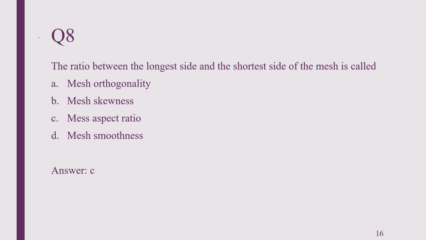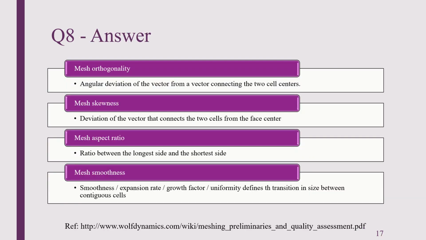So what do the other terms denote here? Mesh orthogonality is the angular deviation of the vector connecting two cell centers. If there are two cells, a vector would be connecting the two cell centers, and the angular deviation of this vector is denoted by mesh orthogonality.